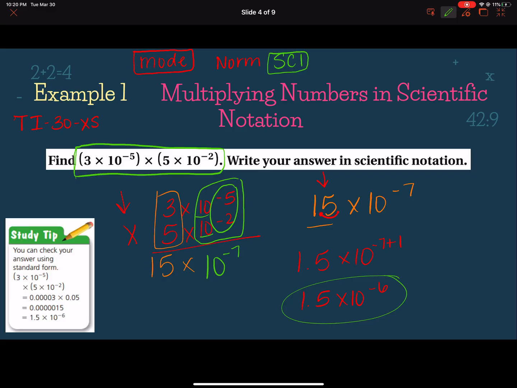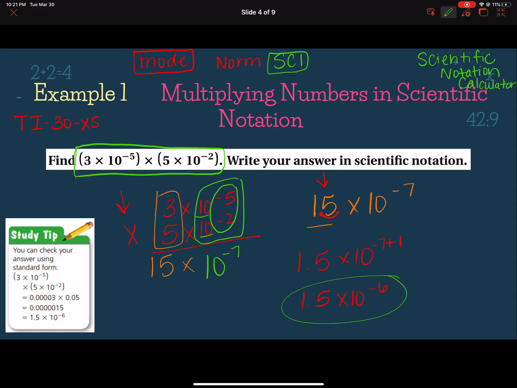If you do not have a TI 30XS at home, you can Google scientific notation calculator, and you will be able to find one pretty easily.